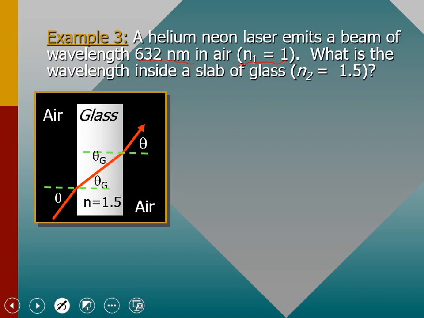So N1 is given, N2 also is given, and we have the wavelength lambda 1 in air. So lambda 1 equals 632 nanometers, N1 equals 1, N2 equals 1.5, and we need to find lambda 2. According to Snell's law, we have N2 over N1 equals lambda 1 divided by lambda 2.